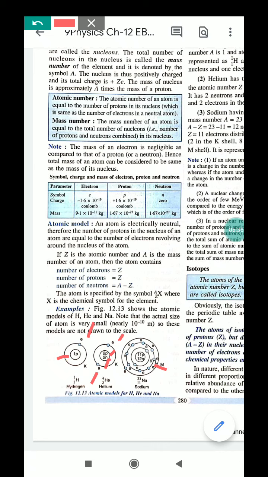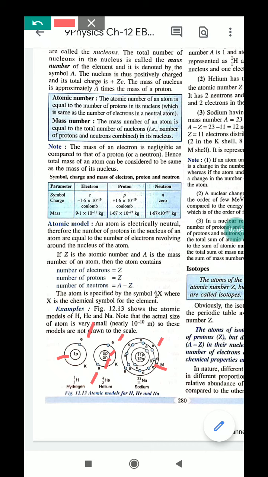Now in sodium, there are 11 protons and 12 neutrons, and in the K shell 2 electrons are there. In the L shell there are 8 electrons, and in the M shell there is only 1.